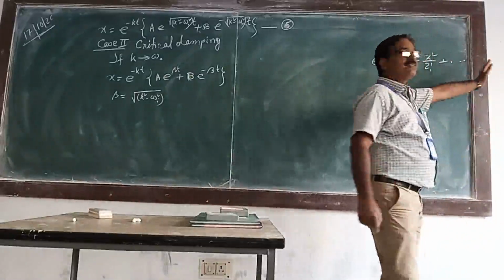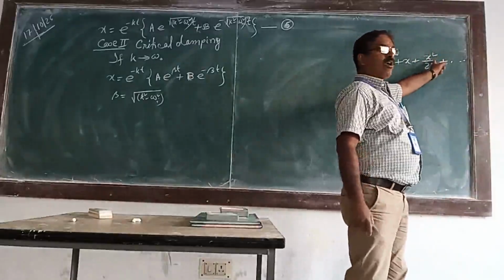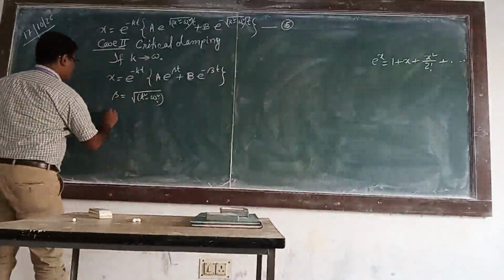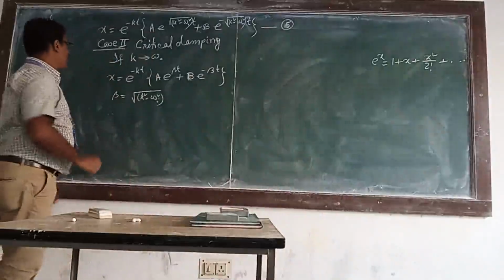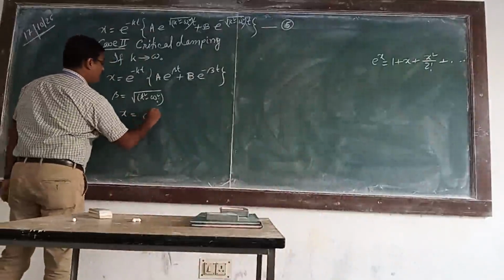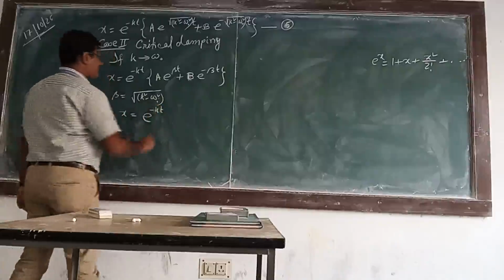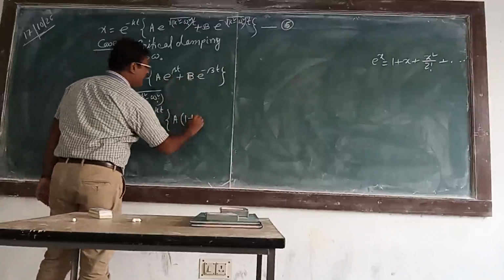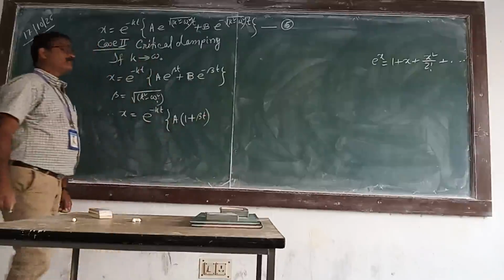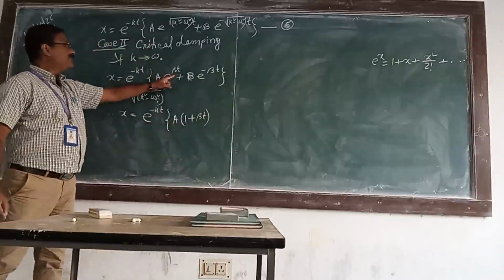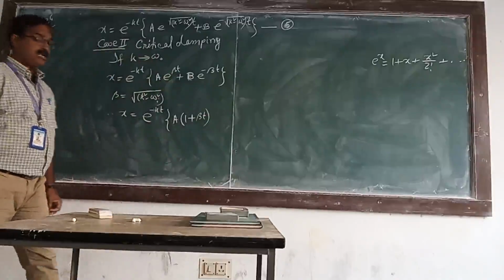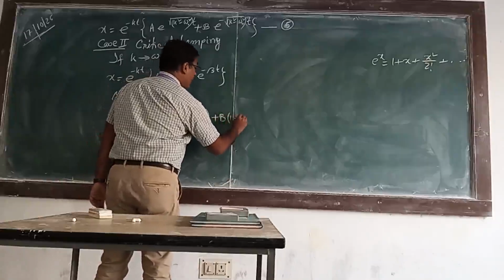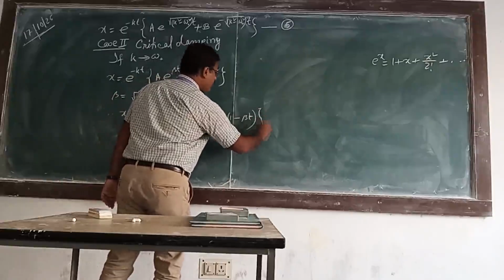So 1 plus x square by factorial 2. Now if we neglect the higher terms, since x is very small, then what happens? As beta is very small, x equals e to the power minus kt into a into (1 plus beta t), similarly plus b into (1 minus beta t).